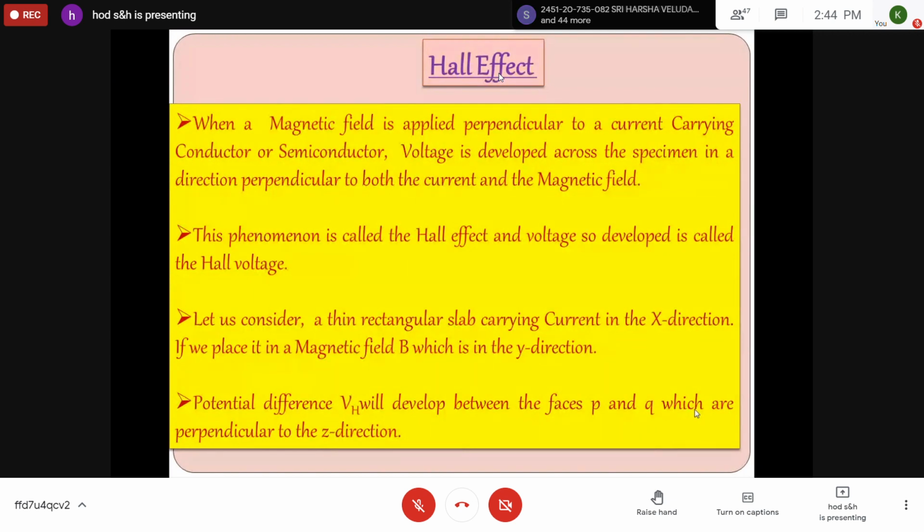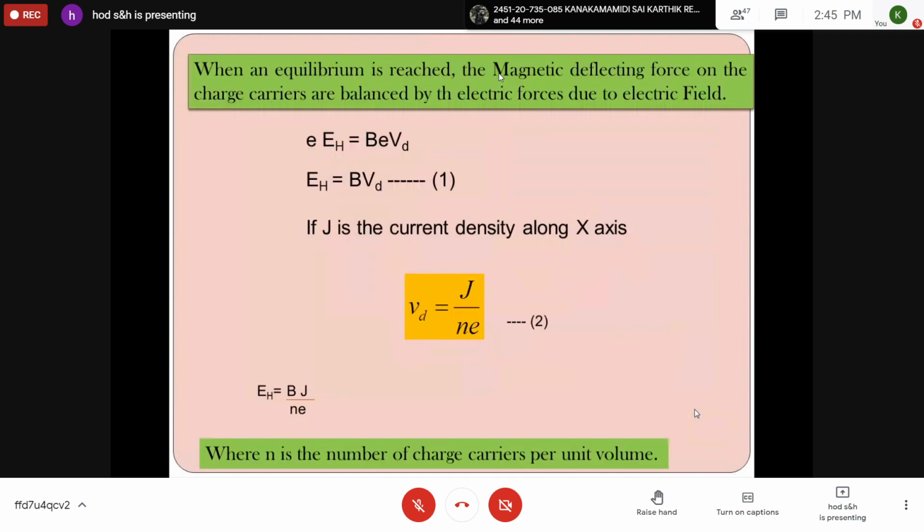What actually is the phenomenon? Shall I go for the next slide? Yes, you have copied this. Then you take this derivation, this part. Take the screenshot.